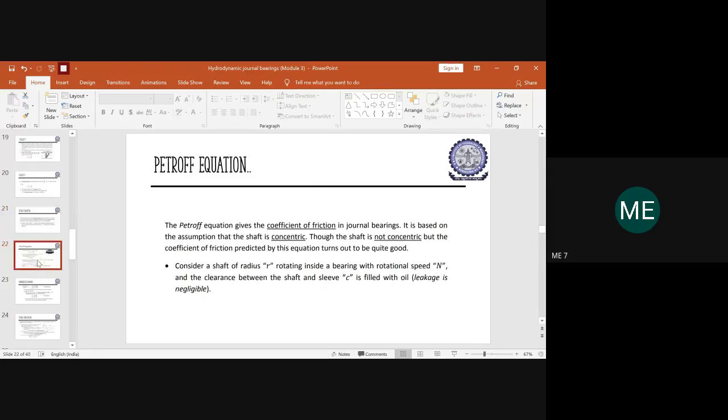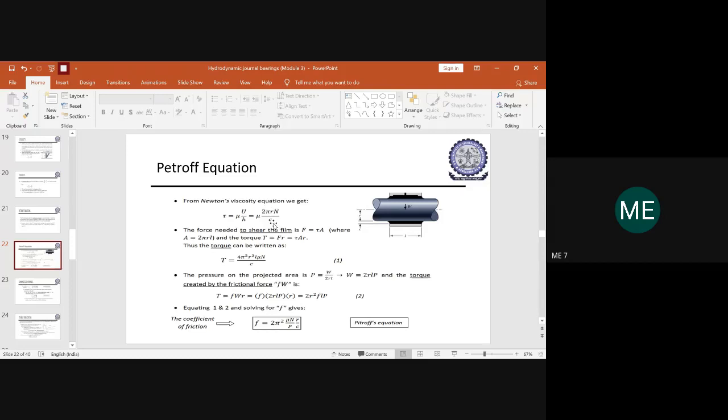So we write n, upon c. Instead of h, here we are taking the value of the clearance. This is the change in the shear stress equation that we are formulating from the viscosity equation we derived in the previous slide. So this is how the shear stress changes.